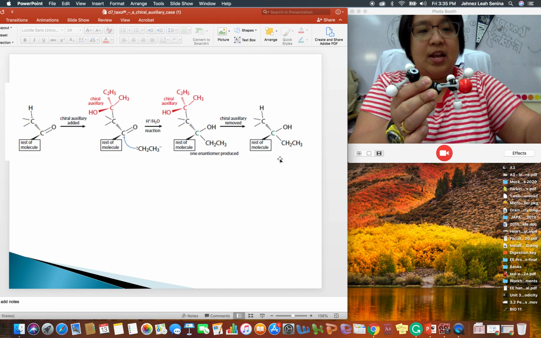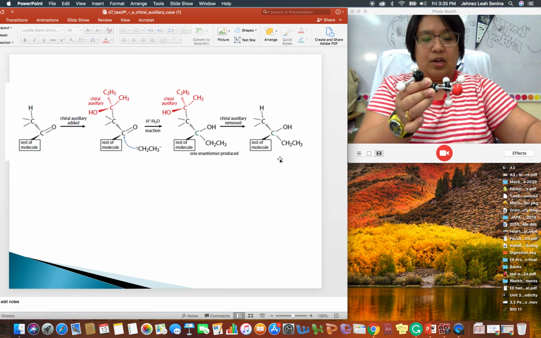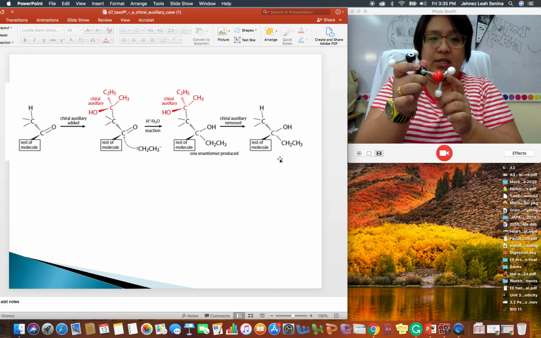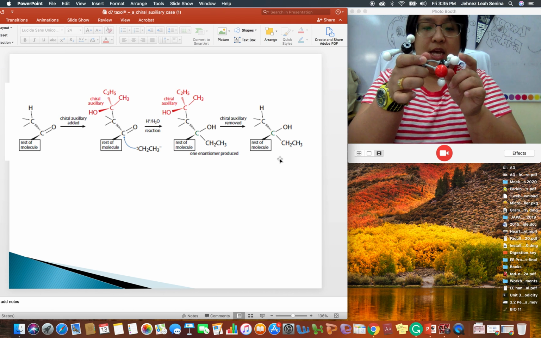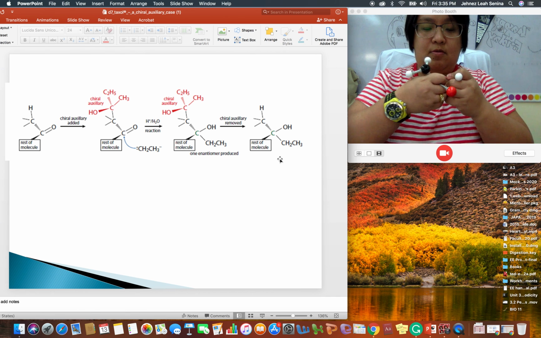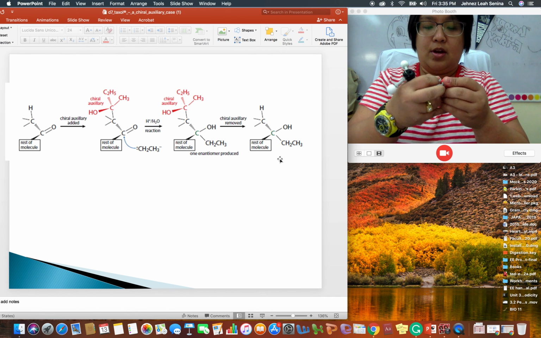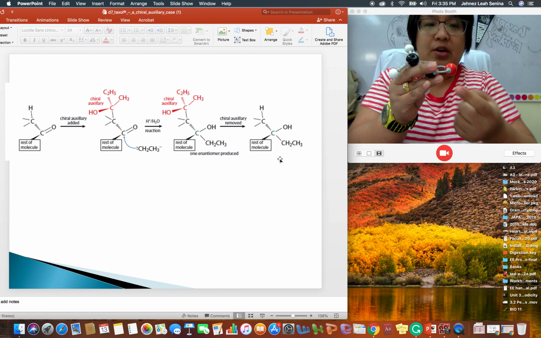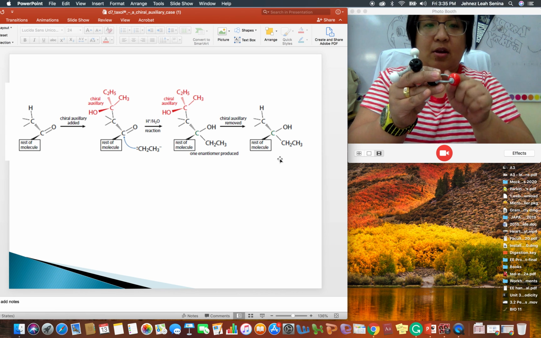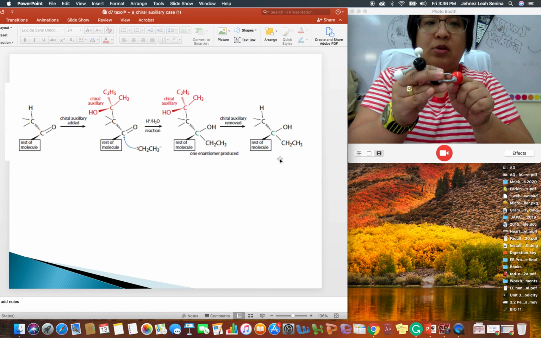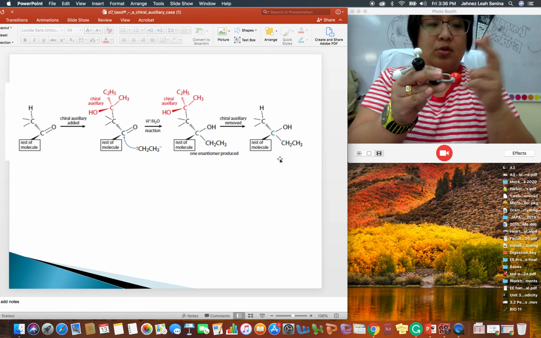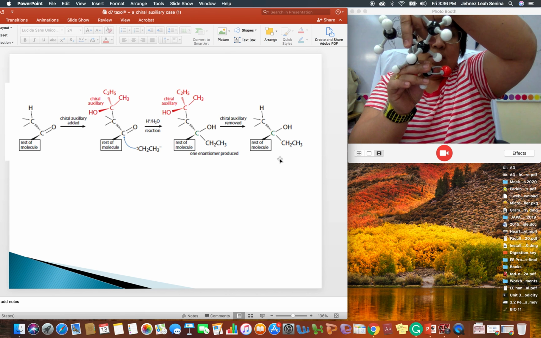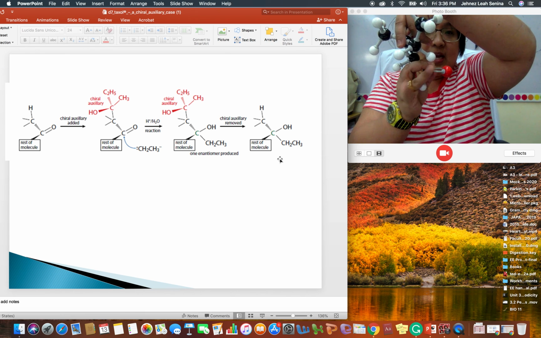Now, if I didn't put a chiral auxiliary, I can put this here or here, right? So my drug will have two enantiomers. But because I put the chiral auxiliary here, it limited me from adding here.